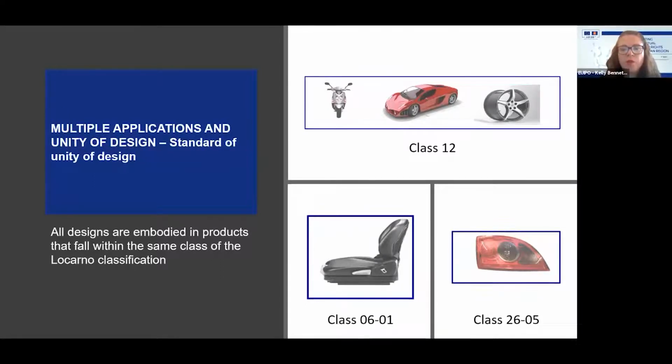However, we would raise an objection in the same example if a third design was included for lights for vehicles, for example, because these are classified in class 26, subclass 5 of the Locarno classification. So there's no longer a unity of class in that multiple application. We would then require the application to be divided.